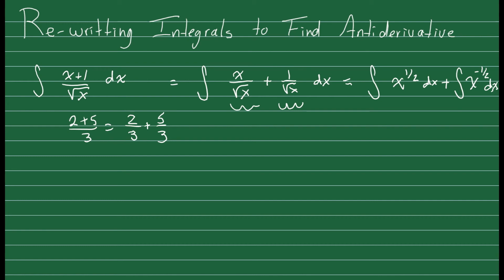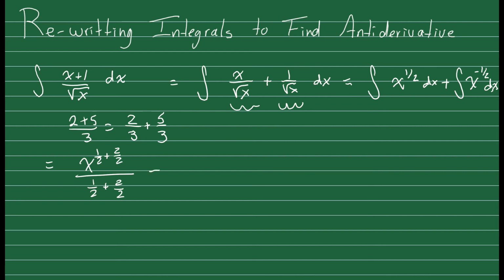Now let's do the power rule. This is x to the 1/2 plus 1, remember? So this one is x to the 1/2 plus 1 over 1/2 plus 1, and this one is x to the negative 1/2 plus 1 over negative 1/2 plus 1. Remember, plus c1, but we're going to hold all the c's until the very end.